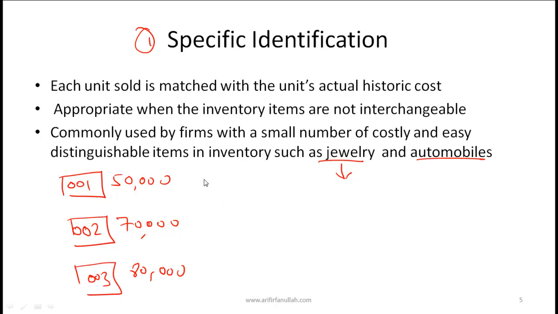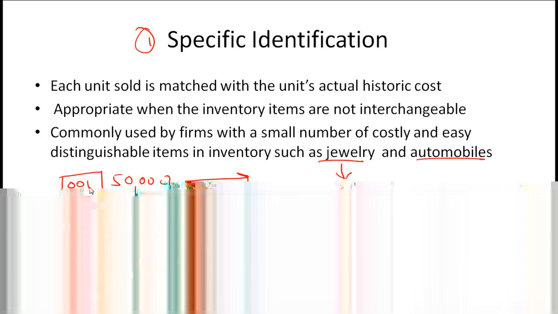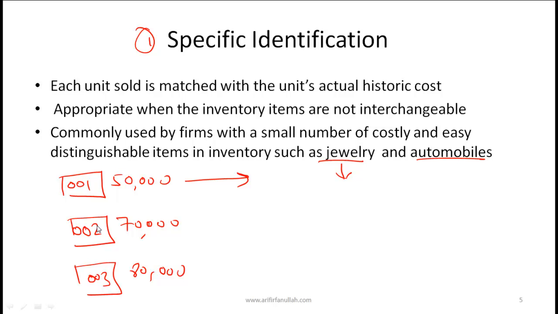And the point is that when you sell a given item, so when you sell item 1, you know that the cost of sales for that item will be 50,000. When you sell item 3, then the cost of sales associated with that item is 80,000. So specific identification, as you see, makes sense when you have a few distinguishable items and typically items that are quite costly.